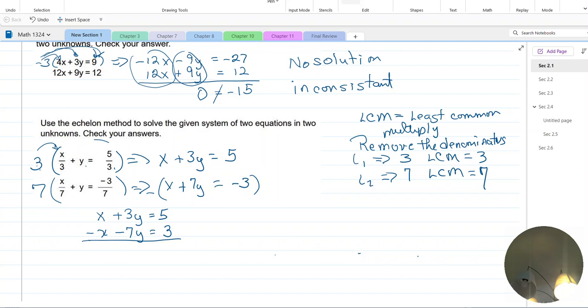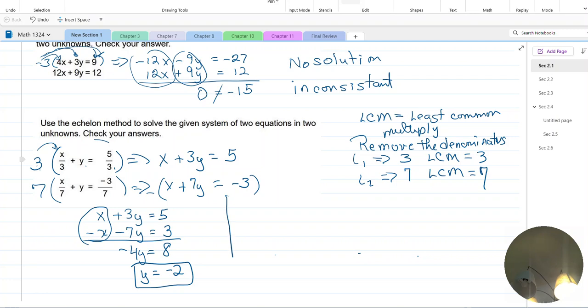All right. Well, this zeroes out, so I'm good there. And I end up with a negative 4y equals 8. And that's a y, sorry about that. If I divide by a negative 4, then y equals a negative 2. So I have one part of this solution.